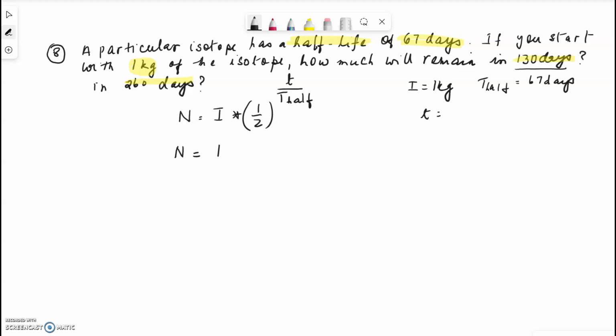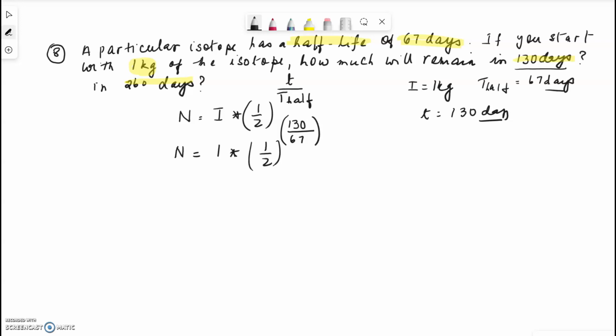Let's do the first one first, so that's 130 days. Just make sure the units of time match. If not, you'll have to change one or the other. Times half to the T, that's the number of days that have gone by, so that is 130 over 67 days, the half-life.